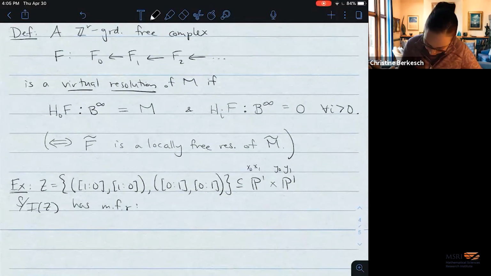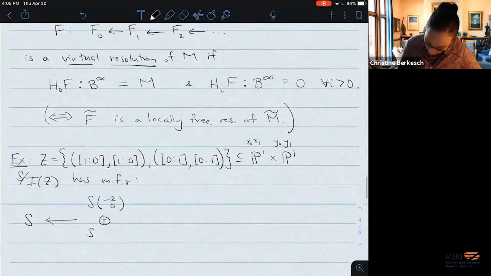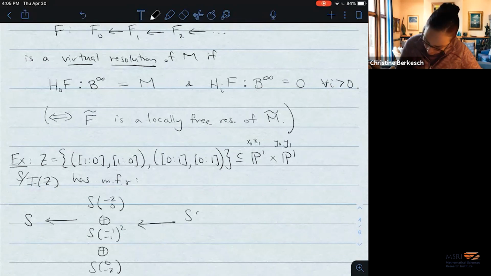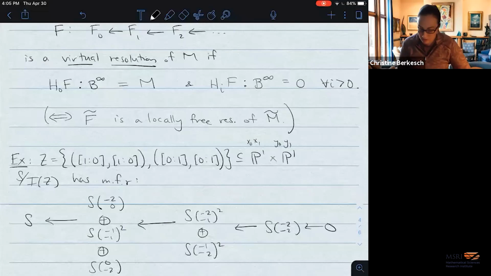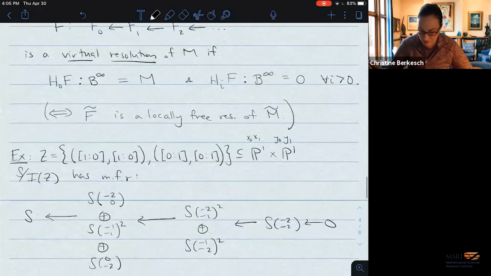So I have... okay, so this is the minimal free resolution in this case.